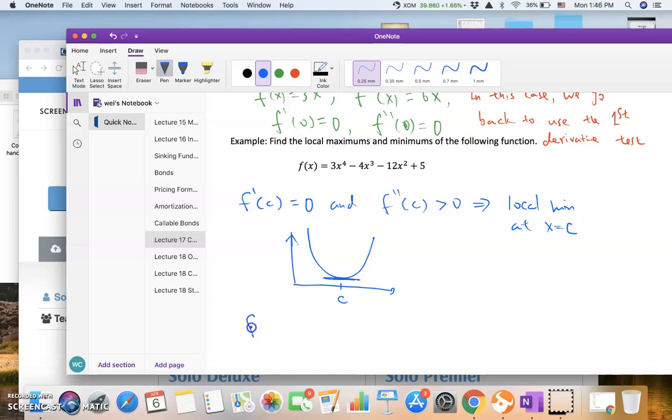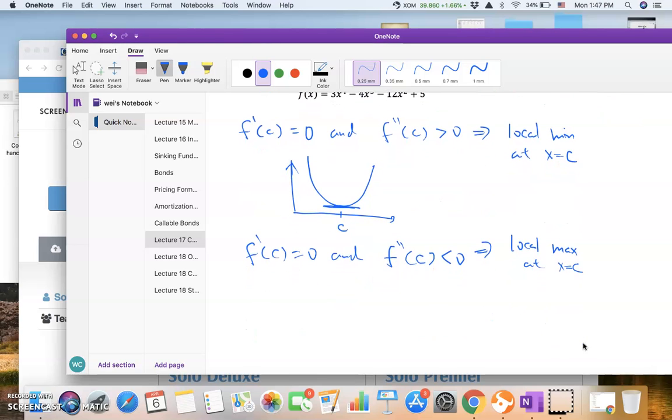And if f prime of c is 0 and f double prime of c is negative, then the function has a local maximum at x equals c.